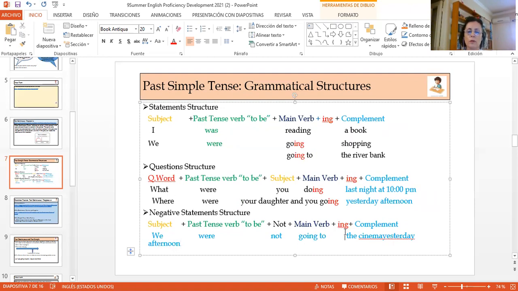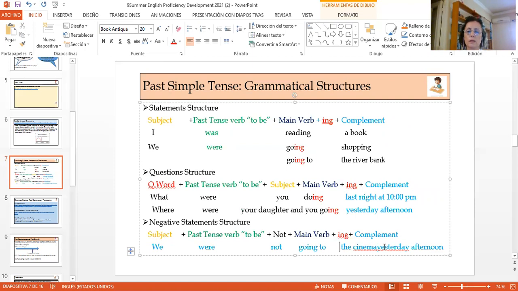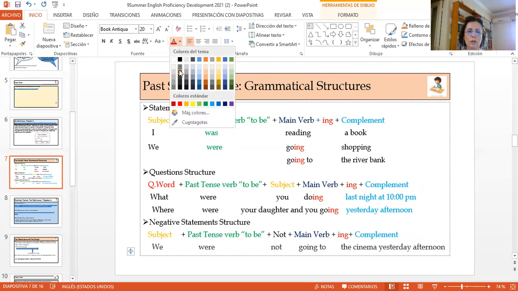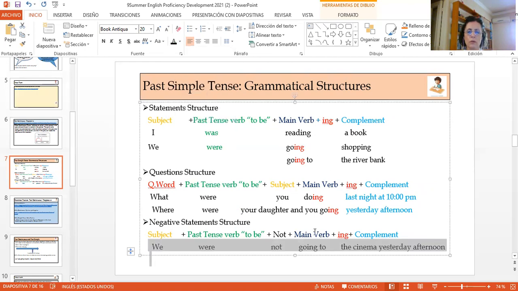Okay, so no, we were not going to the cinema yesterday afternoon. This is a negative option related to the one we saw. And of course you have plenty of options according to the activities that you were doing.